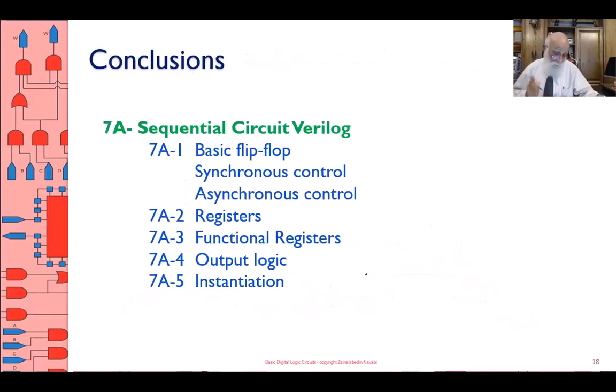Nothing changes. All right, so what we have done is basic flip-flop, synchronous, asynchronous, all kinds of controls we talked about. We talked about the registers, how we expand from flip-flop to registers, the functional register counters, shift registers. Then we talked about output logic: when you are putting an output on some flip-flop, some register, some shift register, make sure it's assigned. Don't put it inside the always statement.